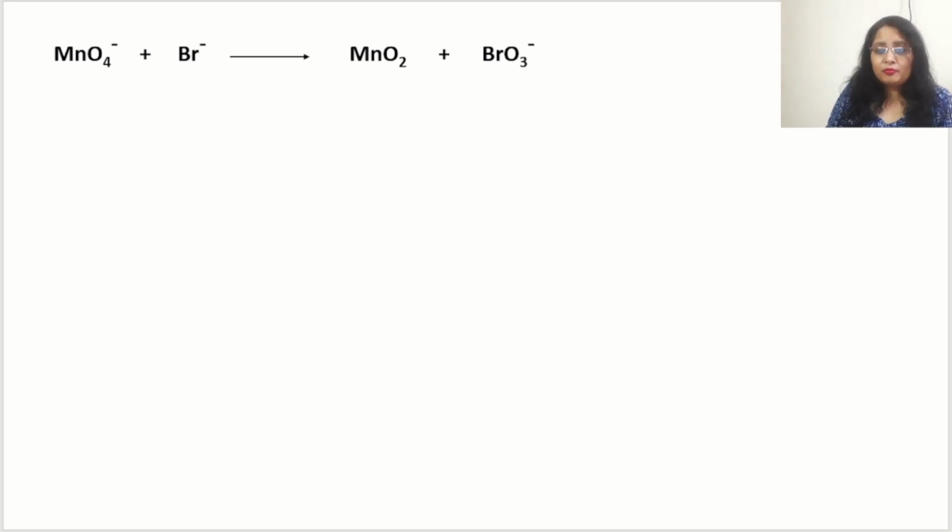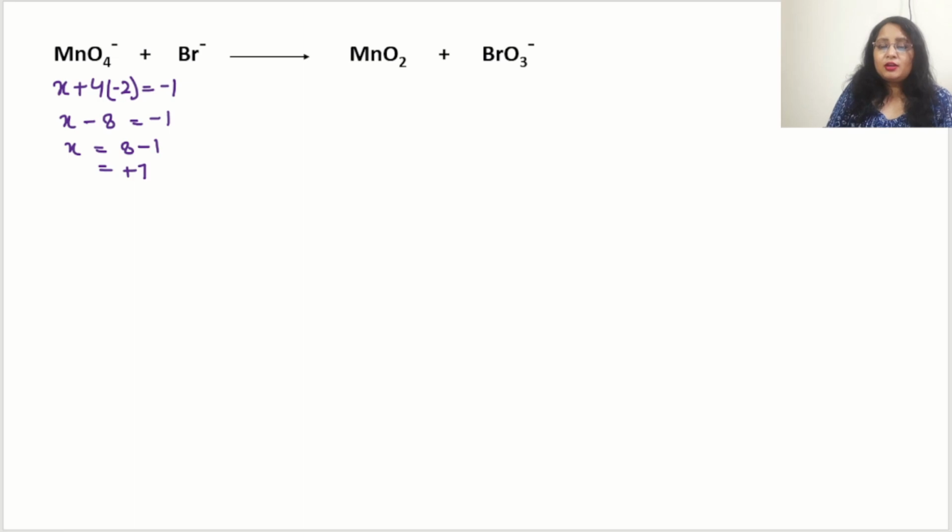For finding the oxidation number, if manganese is X, then plus 4 times oxygen's oxidation state of -2, and the overall species has -1 charge. This is the way to count the oxidation number. So X minus 8 is equal to -1, so X will be 8 minus 1, that is plus 7.